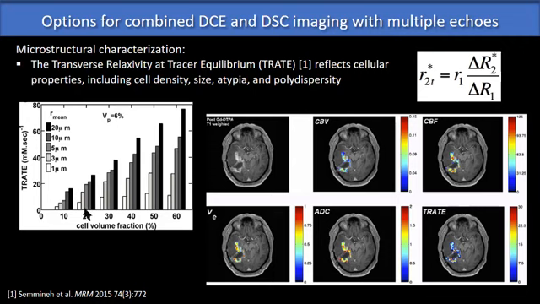Using simulations, they showed that their TRAIT biomarker varies with cell volume fraction and cell size. They basically say that it is a marker of cellularity, and they demonstrated that in a high-grade glioma patient. It is visually dissimilar from the other maps, so it really provides some complementary information that we've never been able to access before.